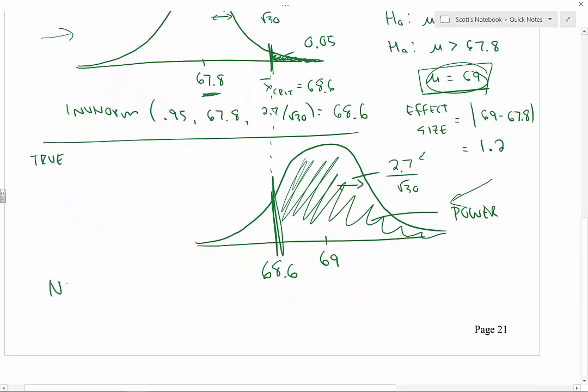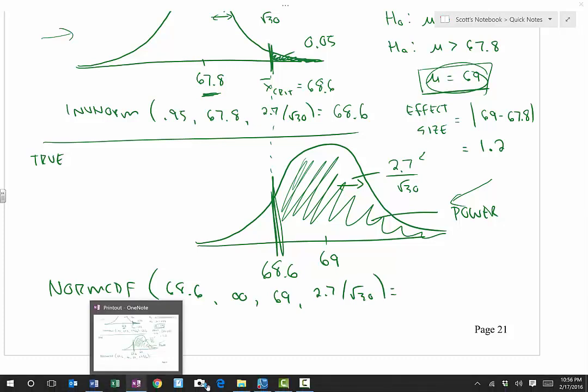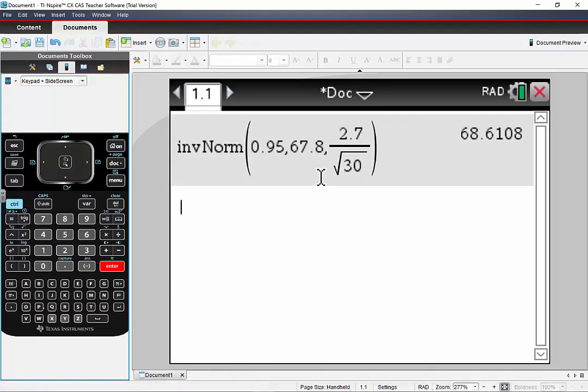The calculation for that is norm CDF, lower bound 68.6, upper bound infinity, mean, standard deviation. That's it. Norm CDF.